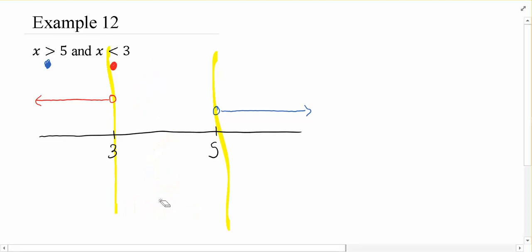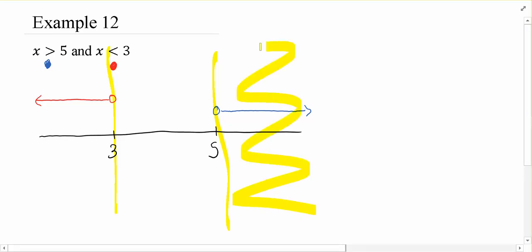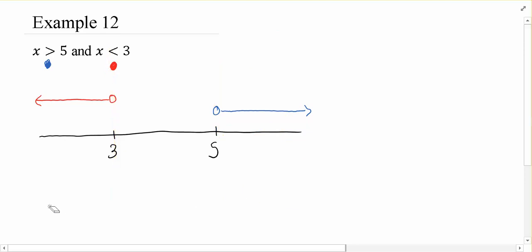No, I don't. So I'm not going to shade it. In the rightmost chunk, do I have blue and red? No, so I'm not going to shade it. So what did I shade? Nothing. I have a blank number line. That means my final answer is no solution.